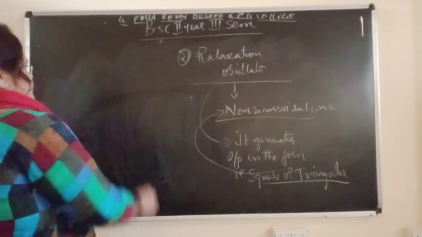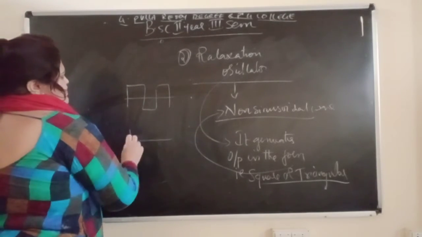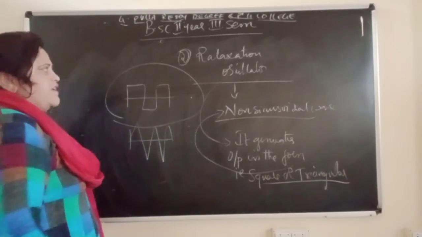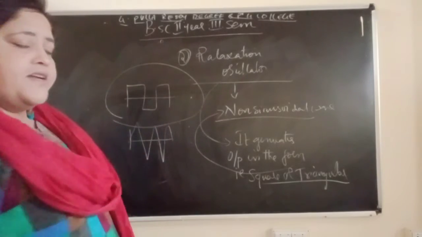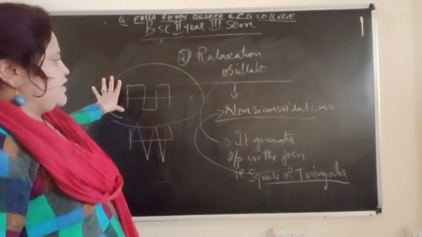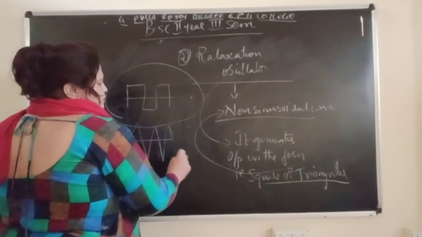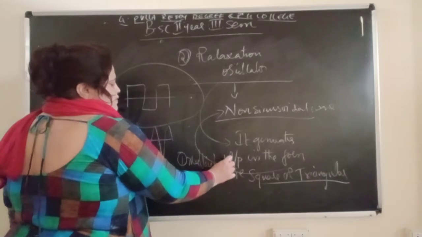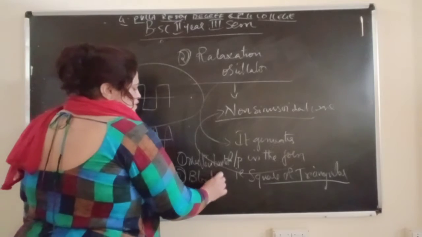How will you draw the square wave? Square wave means like this. Triangular means like this. But mostly, relaxation oscillators are again of two types: multivibrators, which is your next chapter, and blocking oscillators.